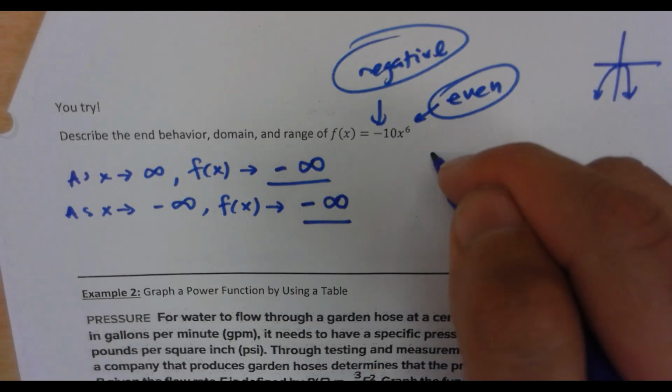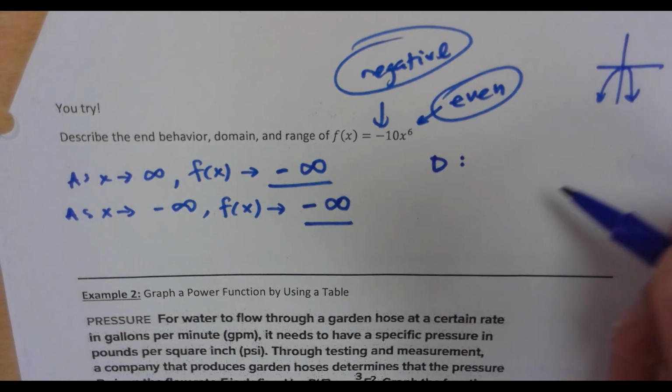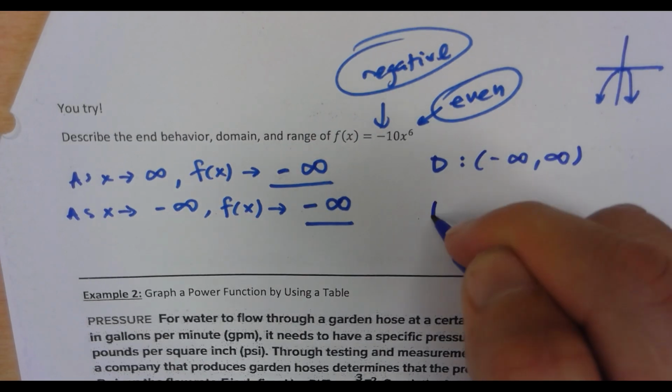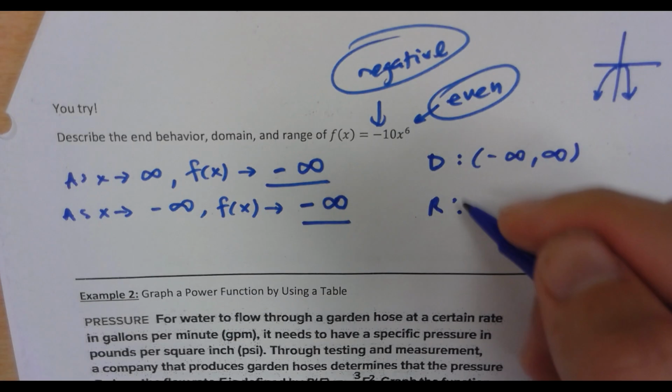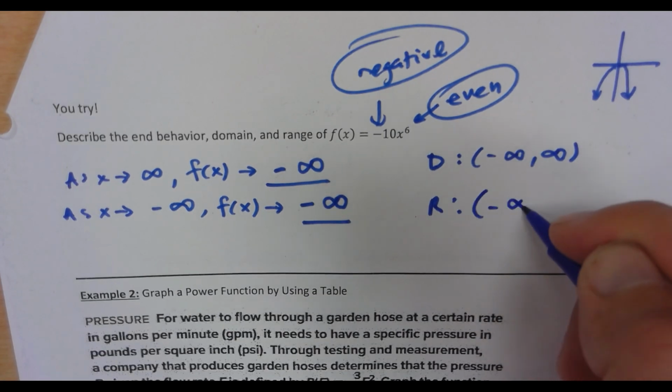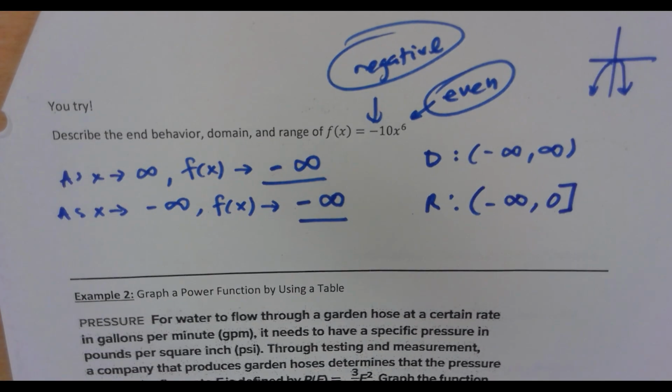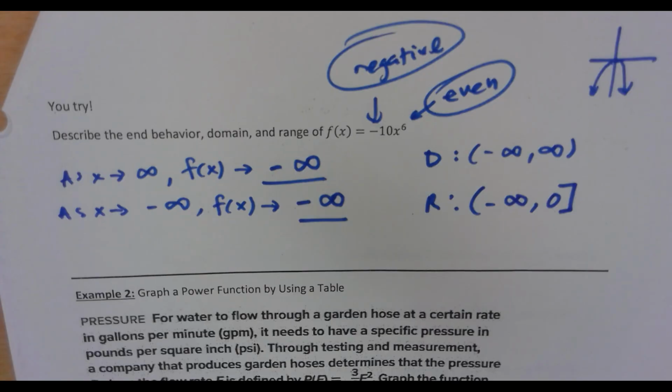Cool. Domain for this over here is going to be all real numbers. Range for this over here is going to be negative infinity to 0, including 0. Hopefully you got that correct with all the information that you gathered up on the first page.